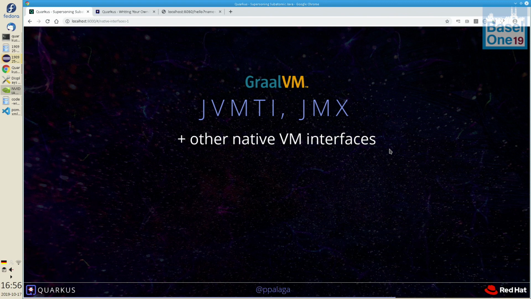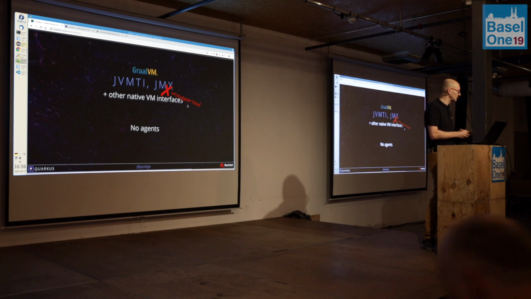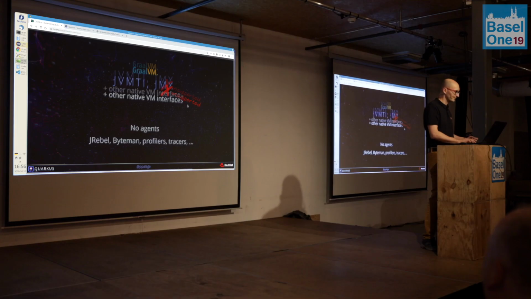JVMTI and JMX are not there because there's no bytecode, actually, it's native code. And all those typically manipulate bytecode, and if the bytecode is not there, then there are no agents. This means no profilers and no JRebel, Byteman and the like.